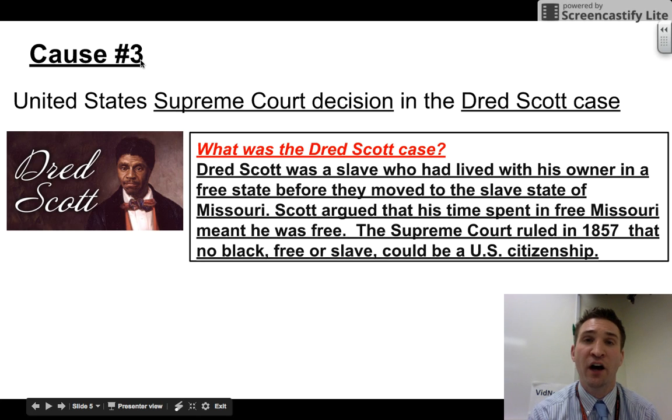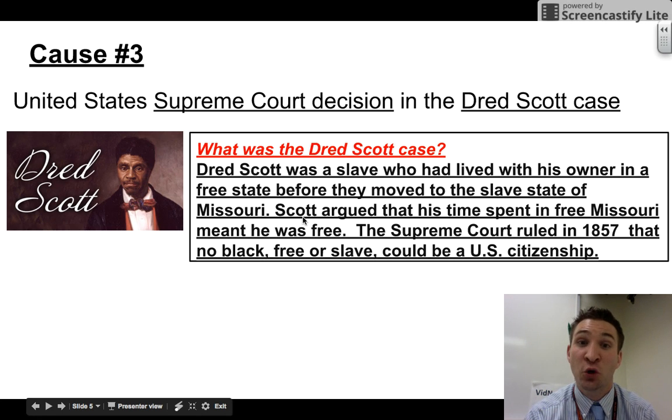Cause number 3 of the Civil War: the United States Supreme Court decision in the Dred Scott case. Here is Dred Scott. Nice bow tie. What was the Dred Scott case? Dred Scott was a slave who had lived with his owner in a free state before they moved to the slave state of Missouri.